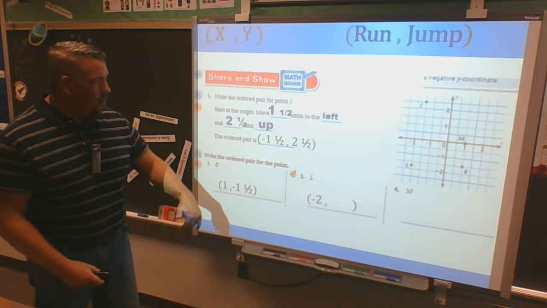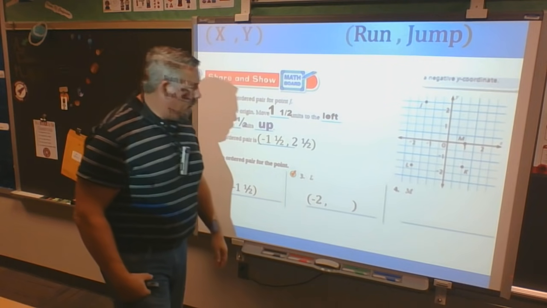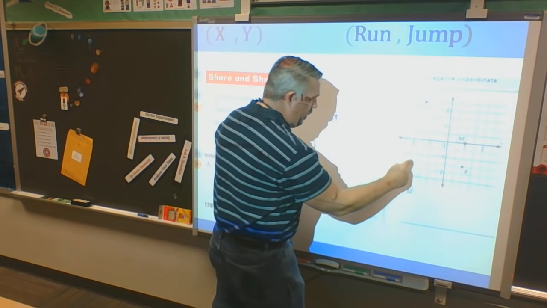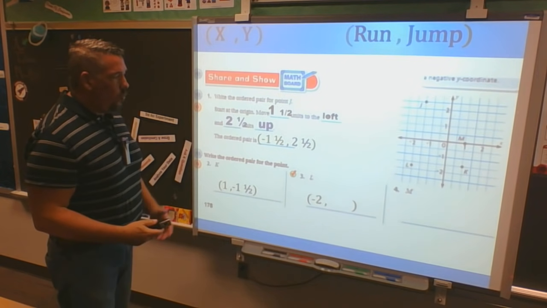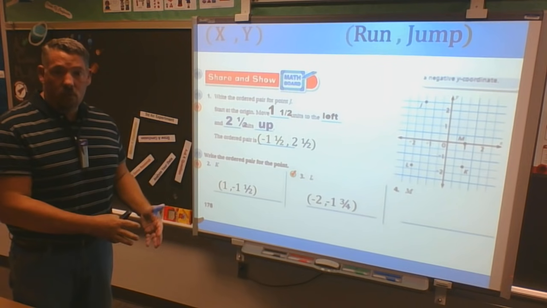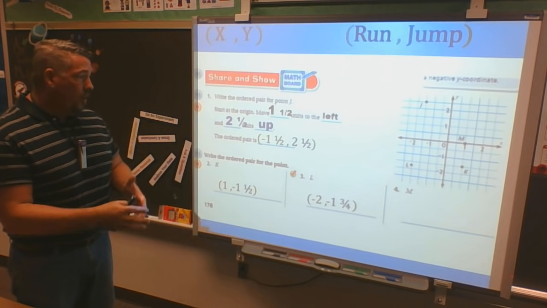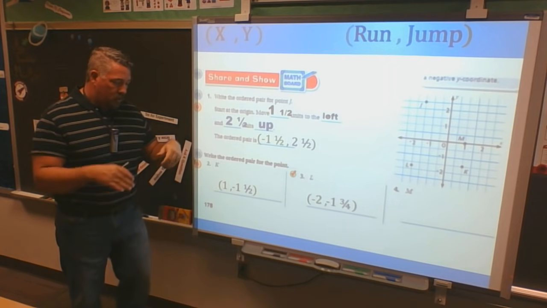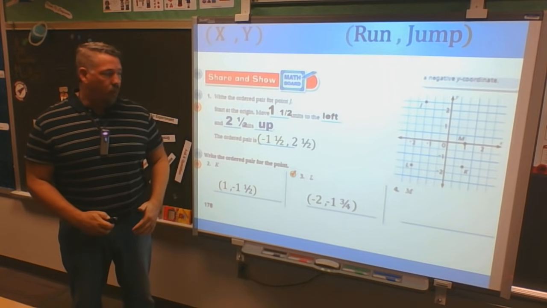Then I jump down. That's kind of in a space, isn't it? So it's not quite to the 2, but it's past the 1.5 line. So that has to be -1 3/4, right? Because it's 3/4 of the way to the 2. So -2 running back, jumping down -1 3/4.